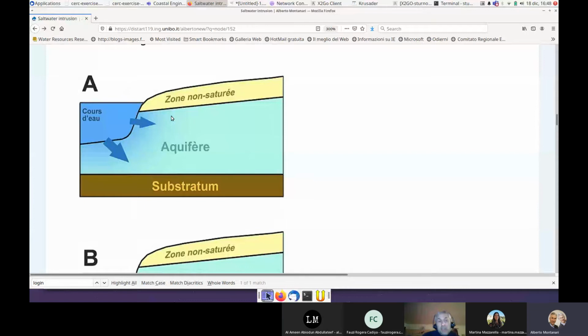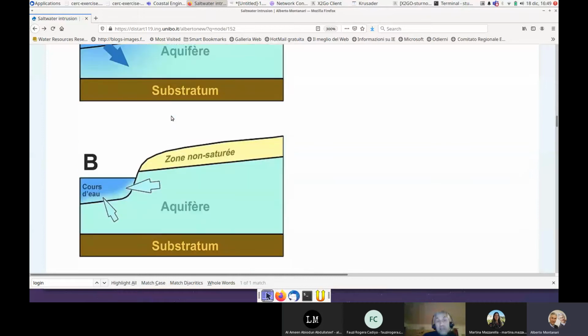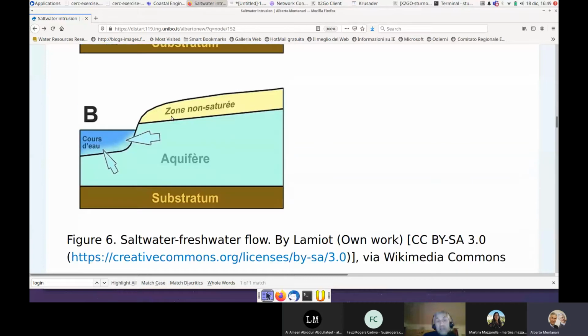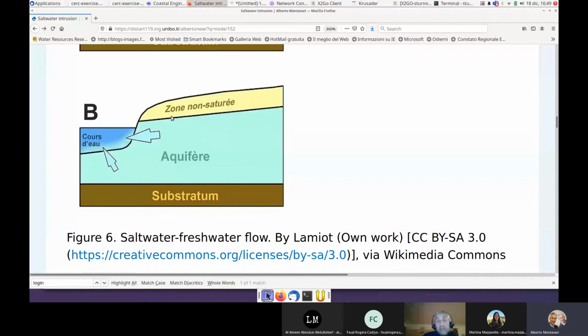There is the sea on the left. There is an aquifer that is flowing into the sea. And there might be a substratum, and there is an unsaturated zone above. Okay, very good. Now, let's assume that we have steady state conditions.